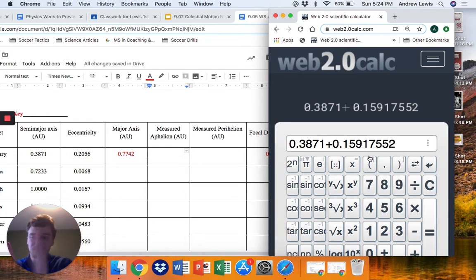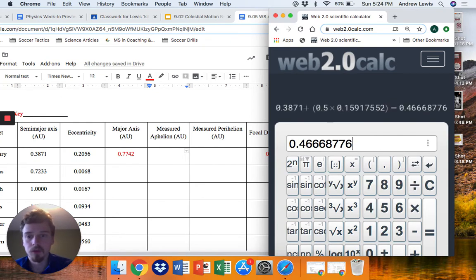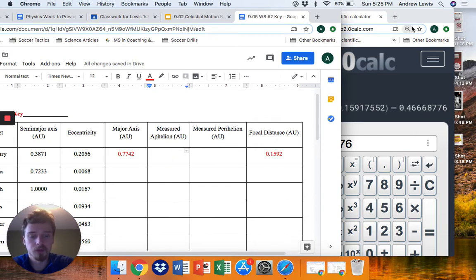Now we want from the center to the foci. So plus half, and that should give me my aphelion. So it's 0.46667. That's my aphelion, and then my perihelion.